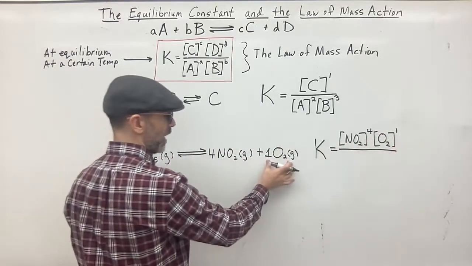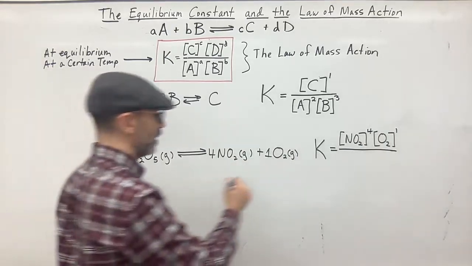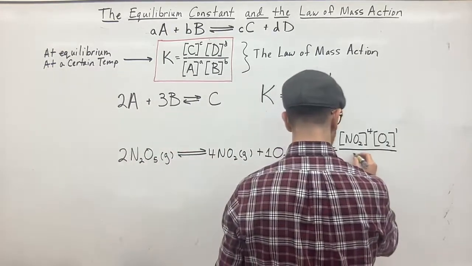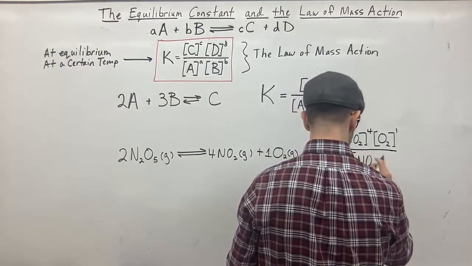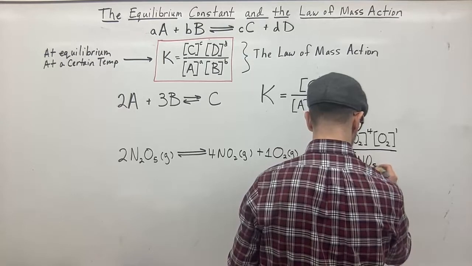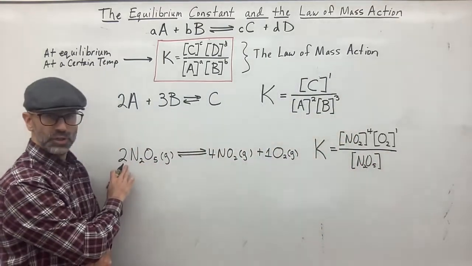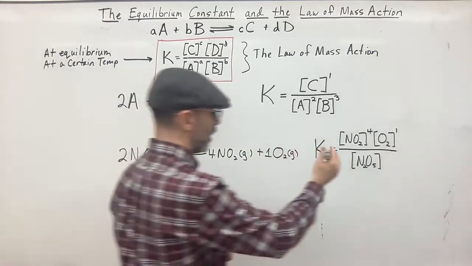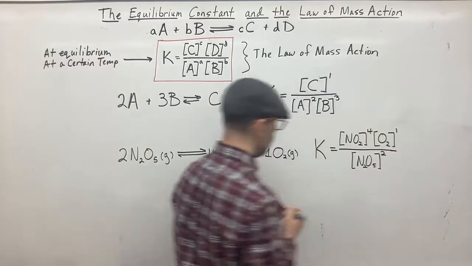So now we've got the products done, and here we have one reactant. So this is the only thing we're going to put on the bottom. So we have N2O5. So the concentration of N2O5. And since the coefficient here is a 2, we're going to write that as an exponent.